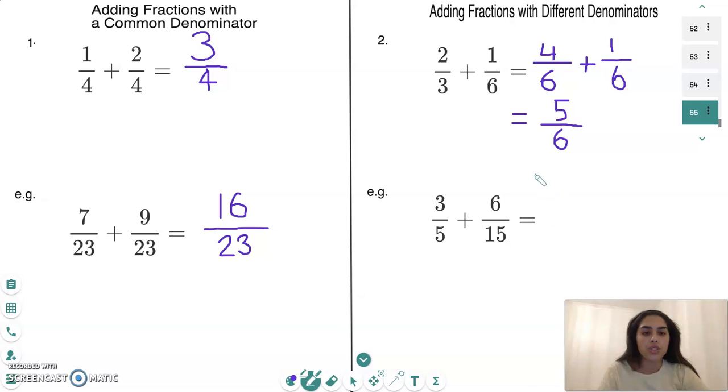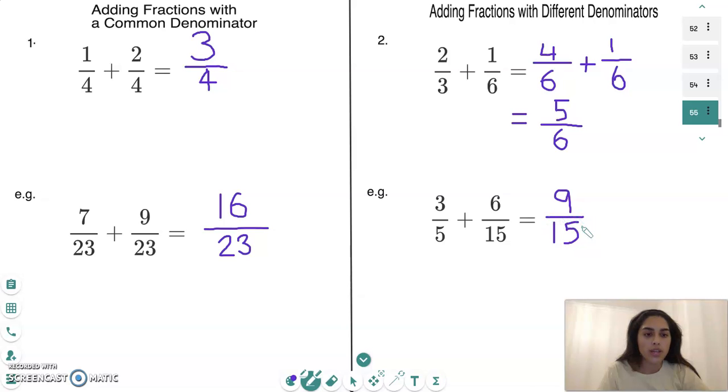So what would we do? We'd simply multiply 3 over 5, the top and bottom of the fraction, by 3 to get 9, 3 times 3, over 15, 5 times 3.